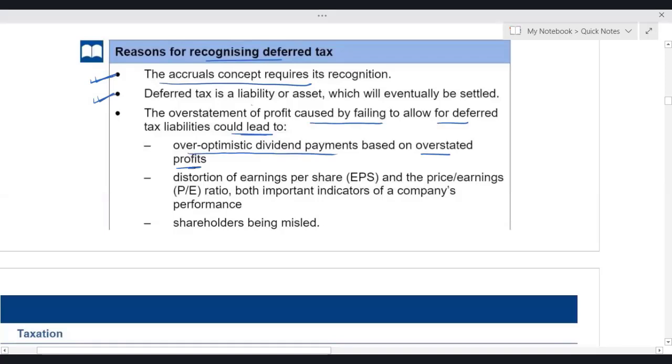Second, the EPS and P/E ratio, both important indicators of the company, will also change. Obviously, when your earnings increase, your EPS will increase. And the last point is shareholders being misled. So these are a few reasons why we need to recognize deferred tax. You should know these reasons as well.